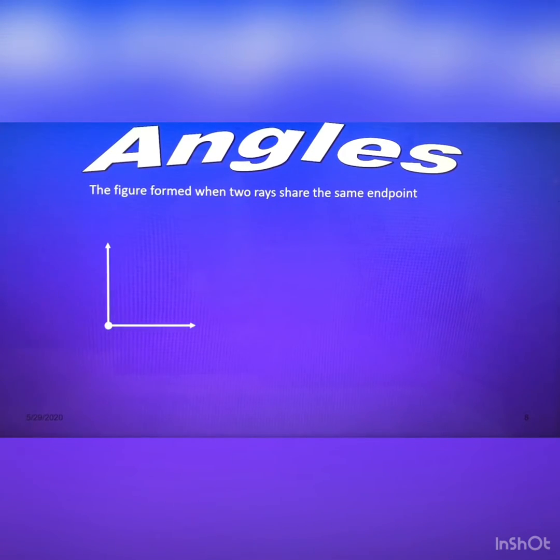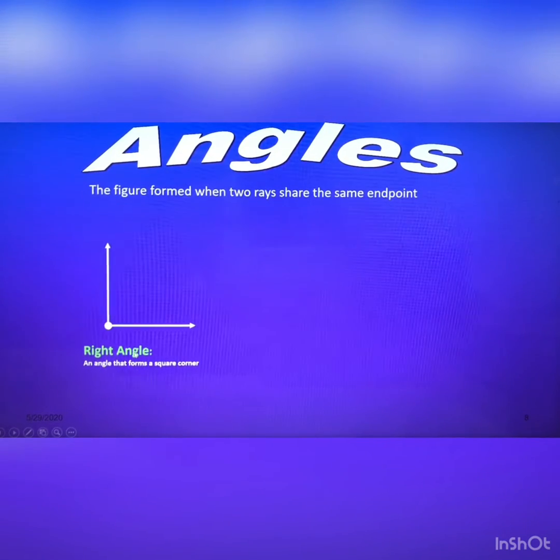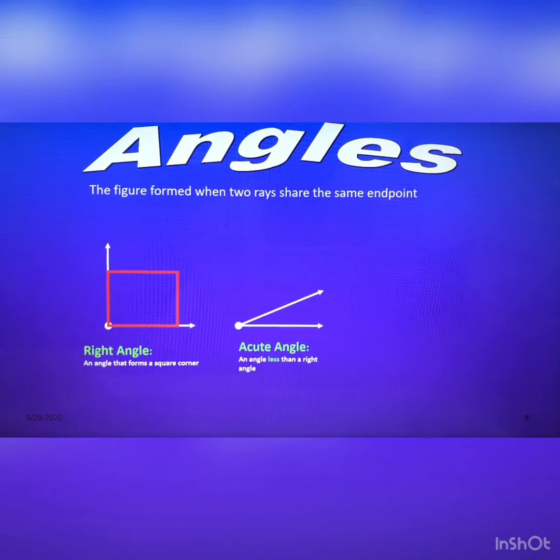So this is the first figure, and we can say that these have a common end point. This angle is a right angle, an angle that forms a square corner. So this is a right angle. Now moving to the next, this geometrical figure is known as an acute angle.